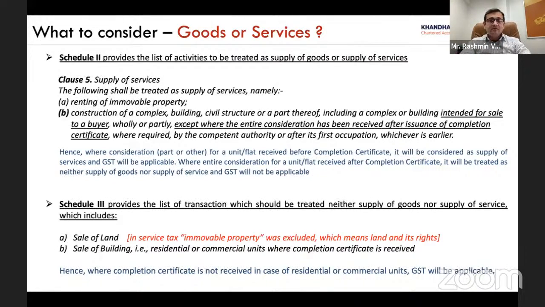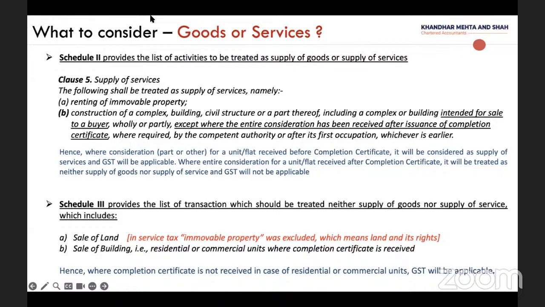Now, while we were discussing the covering of immovable property within the definition of service, what distinction it made between the earlier service tax regime and the GST regime. Schedule 3 provides a list of transactions which are neither supply of goods nor supply of services, so these transactions are outside the purview of GST.